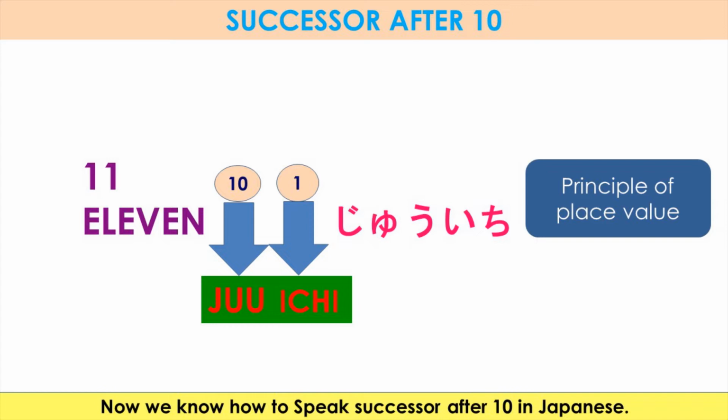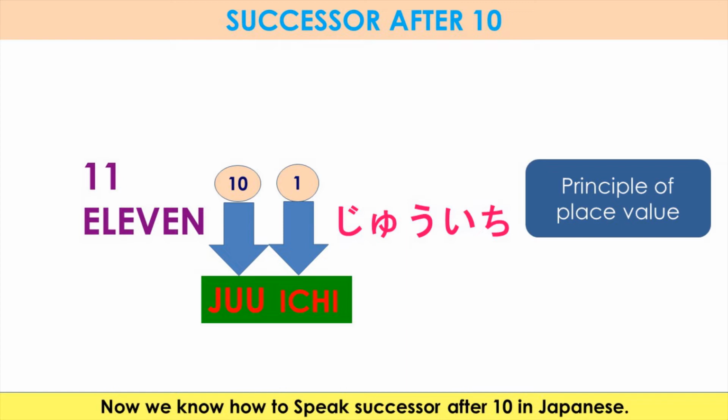So that will be Ju Ichi. You will get a more clear picture about this in my coming lecture. So continue like this: Ju Ichi, Ju Ni, Ju San, Ju Yon, Ju Go up to 19.